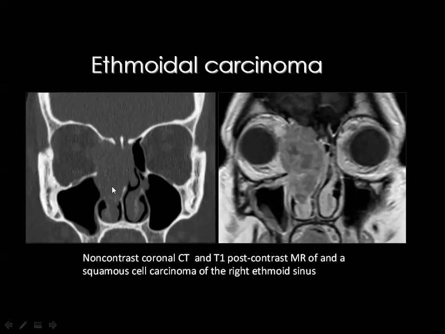You see a mass centered in the right ethmoids with erosion of the cribriform plate, intraorbital extension, and erosion of the bony nasal septum. This is a post-contrast T1 MRI image showing the tumor extension inside the orbit, as well as some of the tumor has extended intracranially as well.